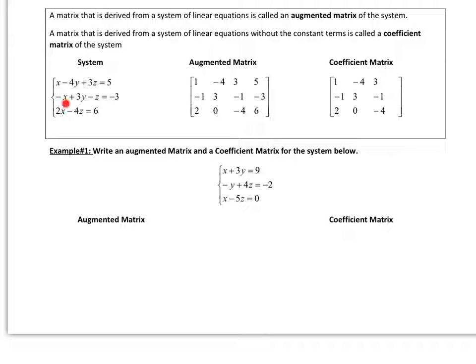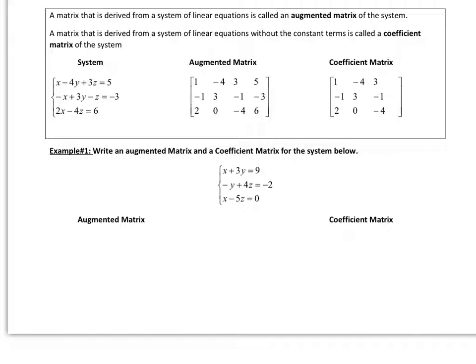So we take x, y, z, the coefficients, -1, 3, -1. And then this bottom row is very special because there's an x term, which is 2, but you see how there's a y term missing? We would just put a 0 because there are 0 y terms, and a -4 for the z.